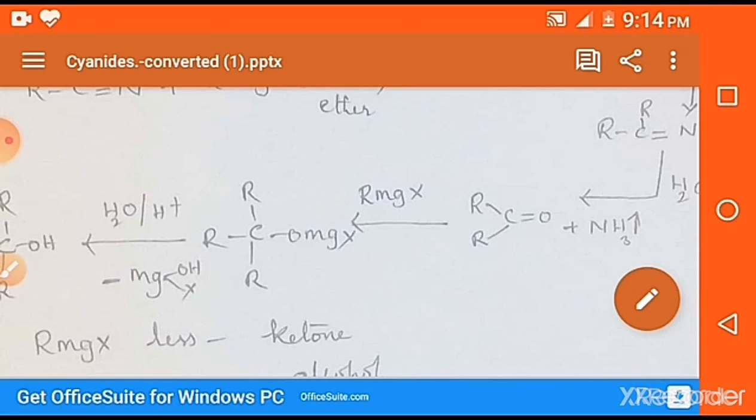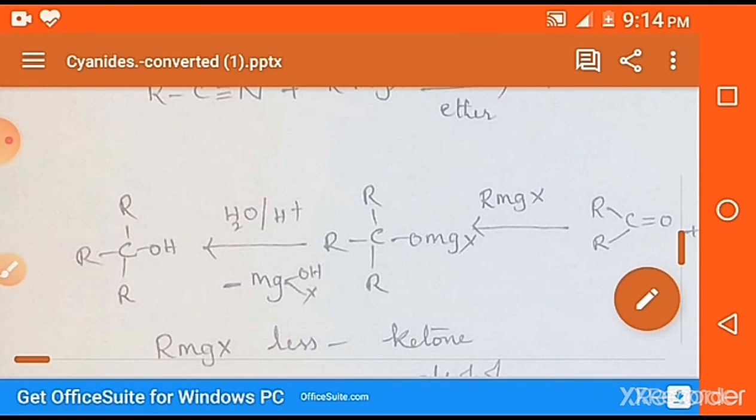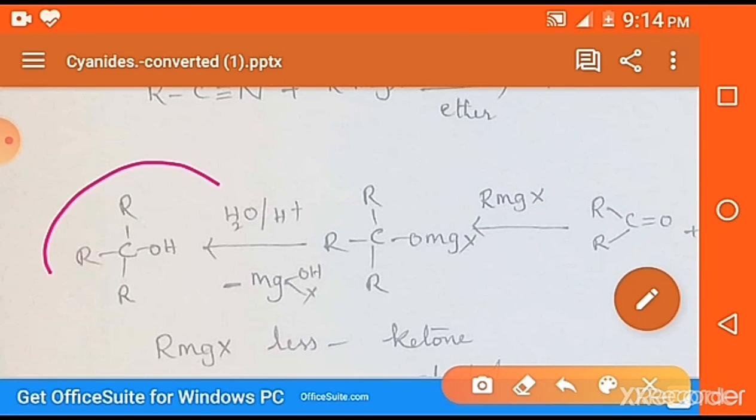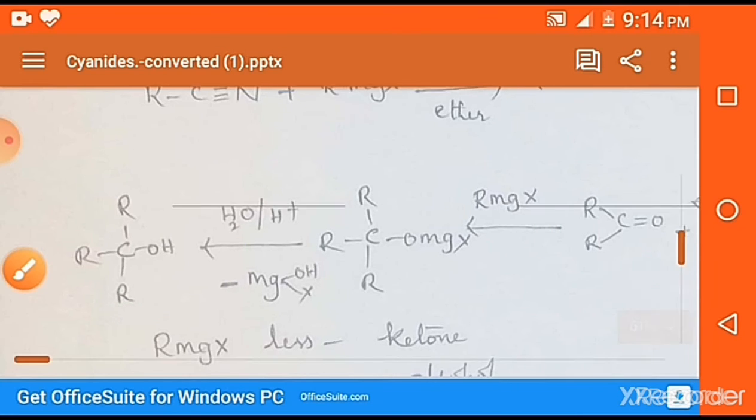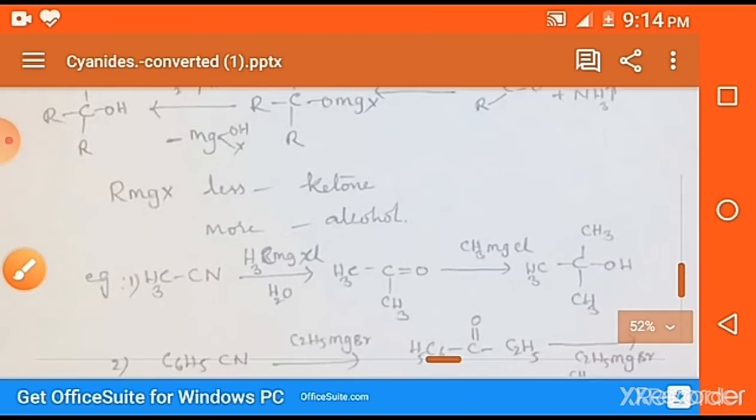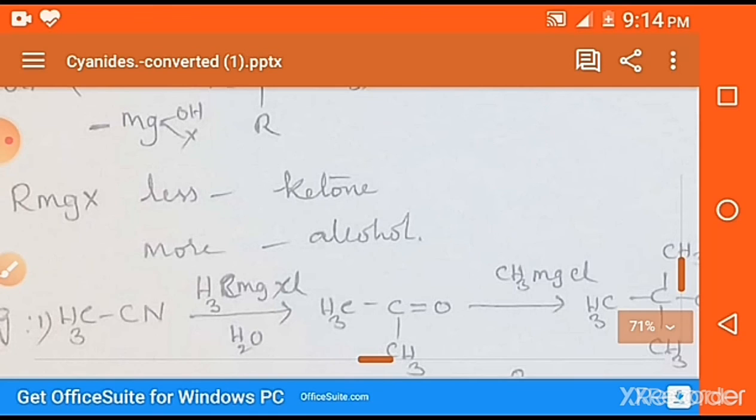On hydrolysis you get a tertiary alcohol. So you have to stop the reaction here only. We have to use less amount of Grignard reagent and more amount of cyanides. This is a specialty of the reaction with the Grignard reagent.